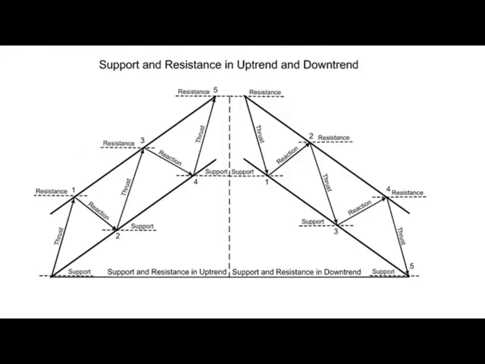Since we're already able to define a sideways market and box in price with resistance and support, let's take a look at a couple of applications where we can use our knowledge of resistance and support to draw sloping lines of resistance and support that encompass a trend and let us know what direction the market is heading and how we can use this to plan and place our trades.